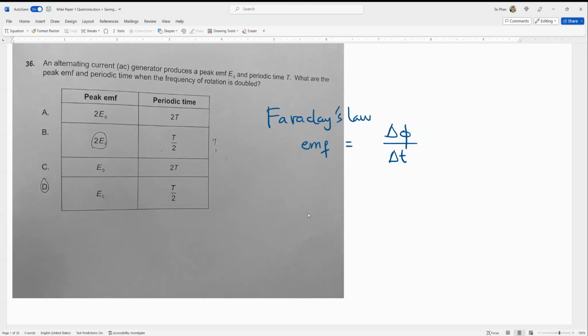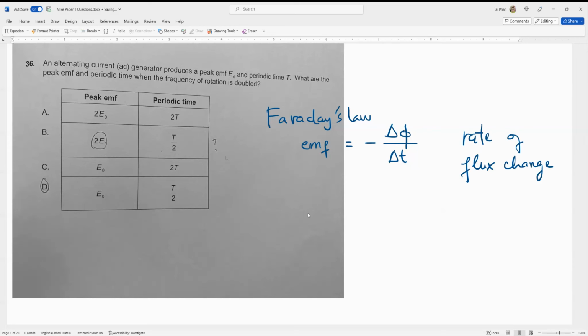It also involves a negative sign, meaning if the change of flux is negative, meaning the flux is decreasing, the EMF is positive in the opposite direction, the Lenz's law. Anyway, it's proportional to the rate of change of flux.